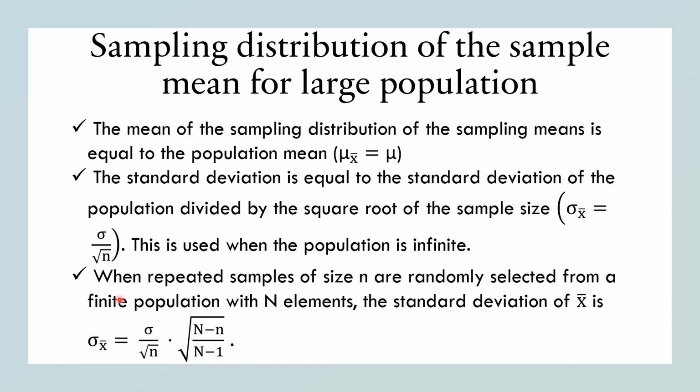So, finite population naman, yung formula naman natin sa standard deviation is sigma sub mean is equal to sigma over square root of n multiplied by the finite population correction factor, which is square root of capital N minus small n over capital N minus 1, where capital letter N is the number of population and small letter n is the number of sample.